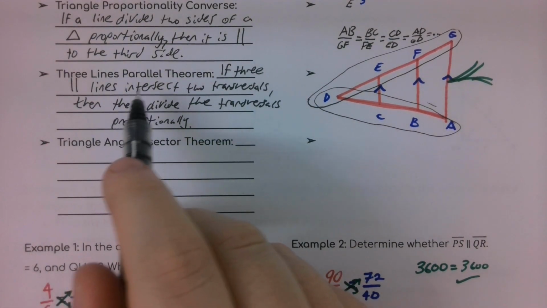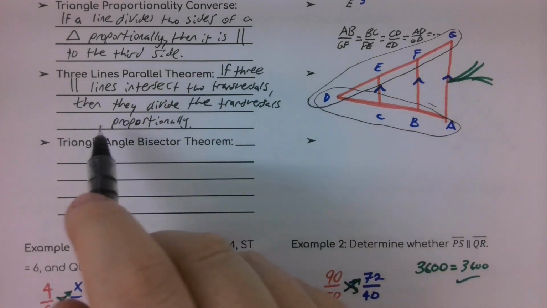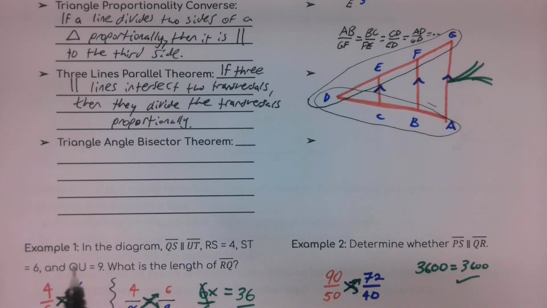If three parallel lines intersect two transversals, they divide the transversals proportionally.